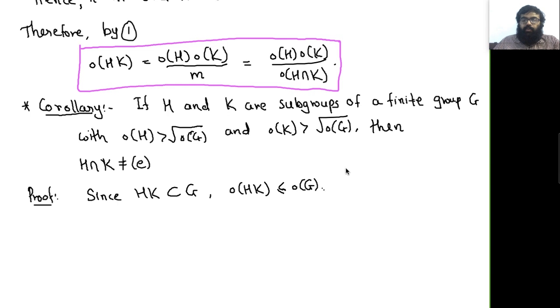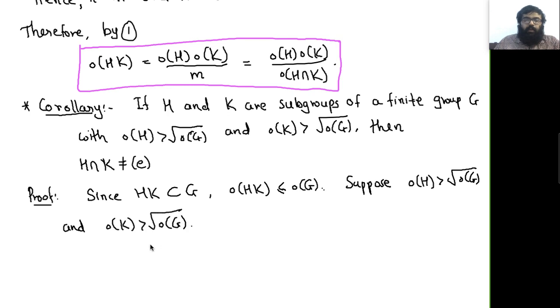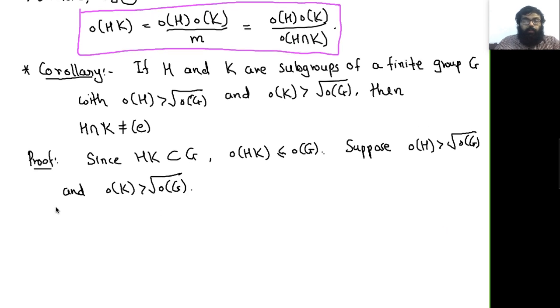And now suppose, whatever the condition is given, order of H is greater than square root of order of G, and order of K is greater than square root of order of G. What we have to prove is that H intersection K is not the singleton identity.